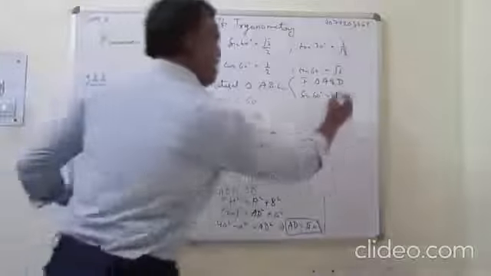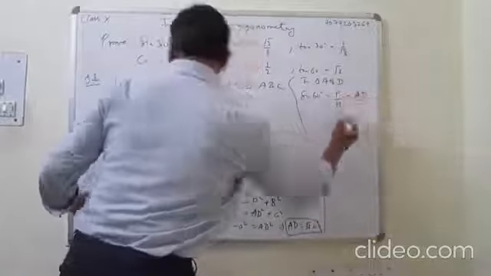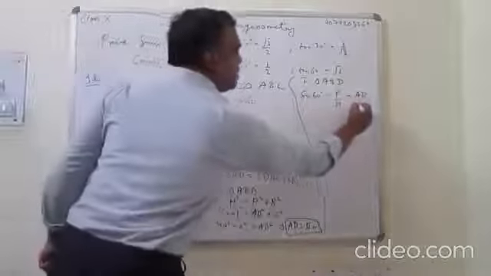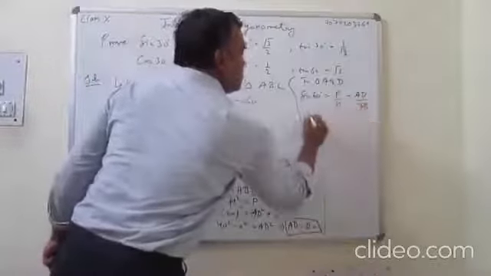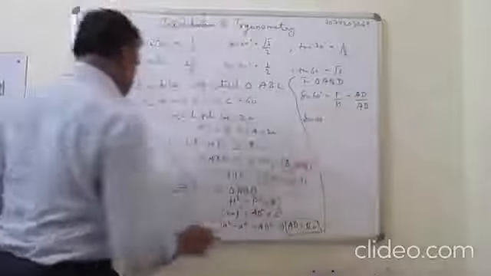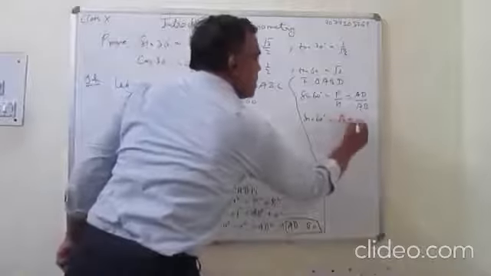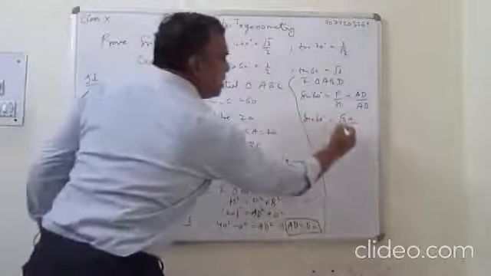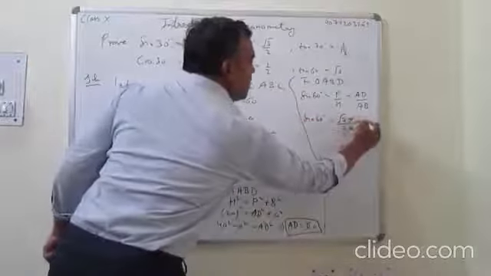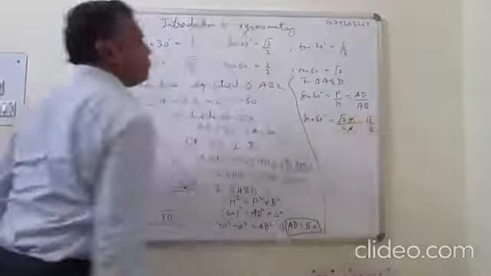It is AD. And what is hypotenuse? It is AB. So sin 60 is equal to AD, just now we have calculated, it is root 3A, and AB is 2A. So A is cancelled out, this is root 3 upon 2.